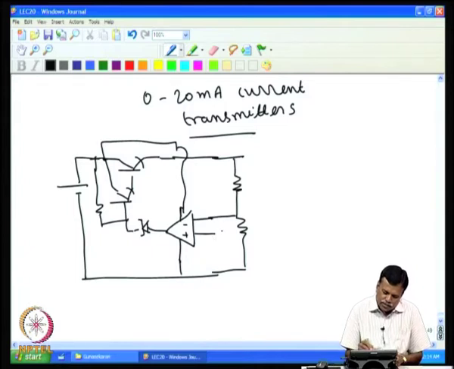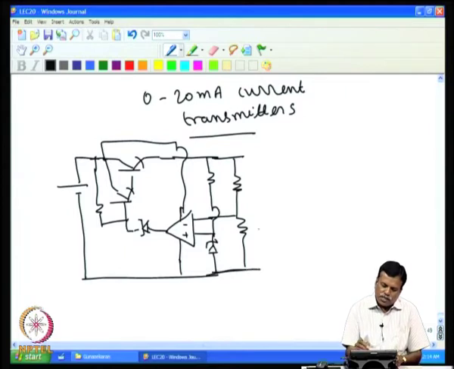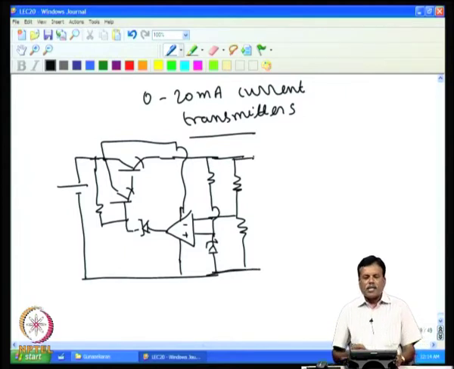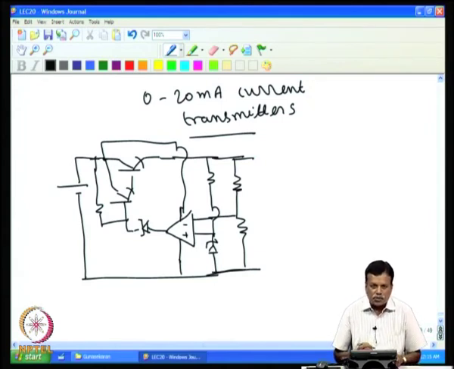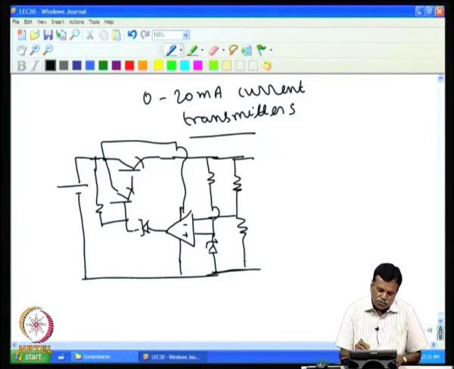And then the reference ZNR can be put here. This is one possible regulator design, but this need not be the only circuit, because it is a 3-wire system. Even a conventional voltage regulator chip can be used for this purpose.